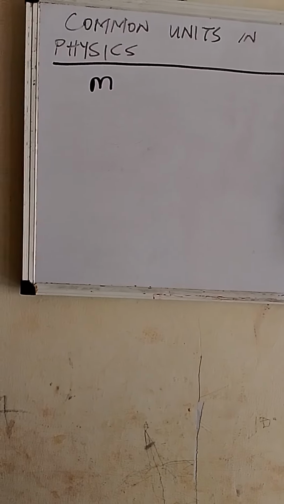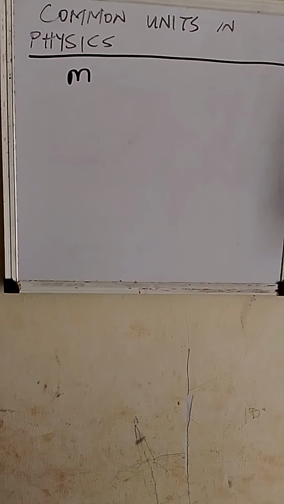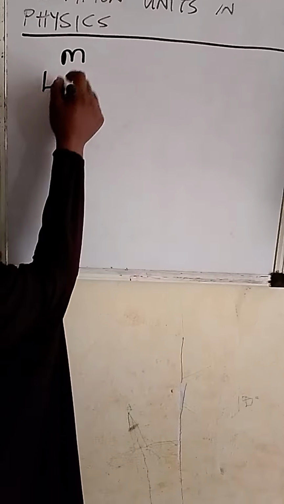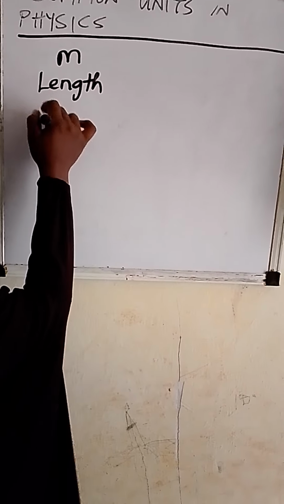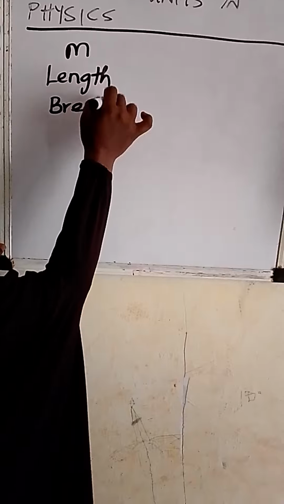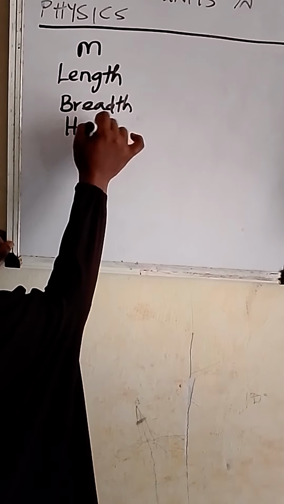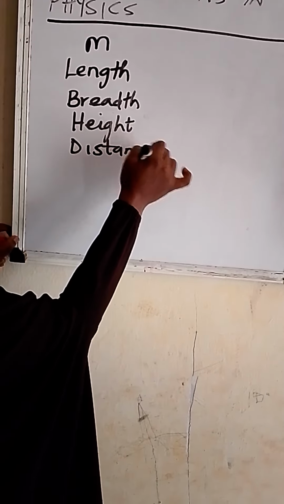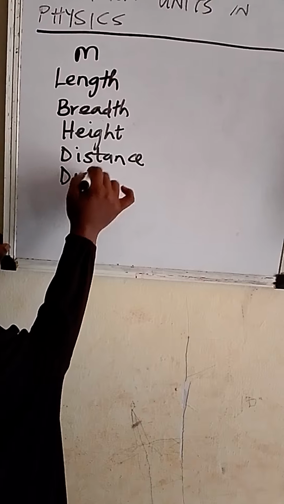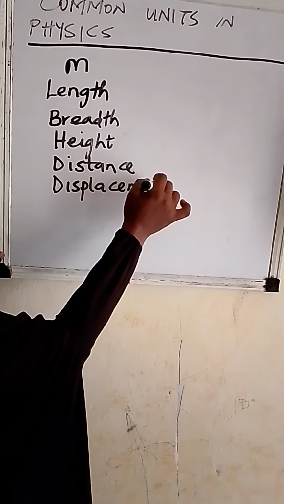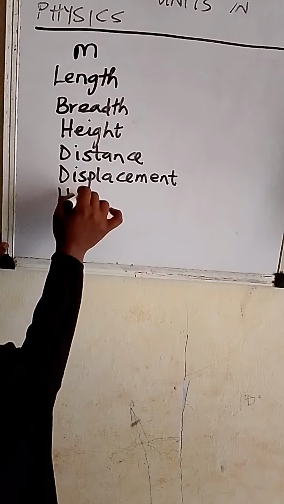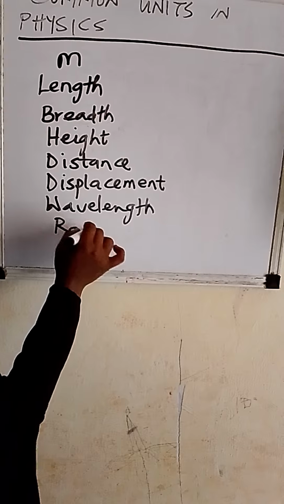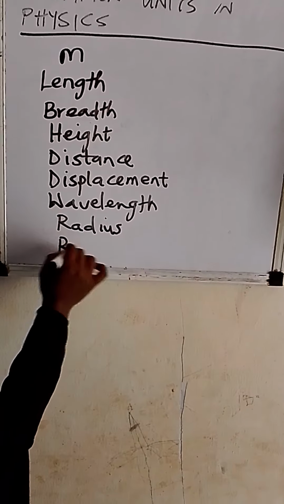This m means meter, and it is used to represent quantities like length, breadth, height, distance, displacement, wavelength, radius, and even range.